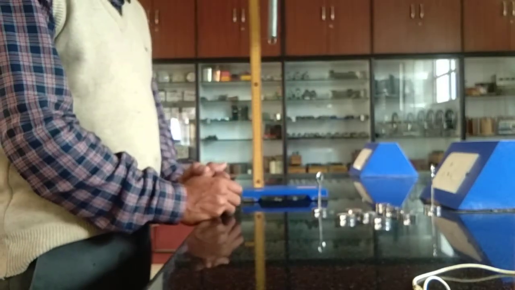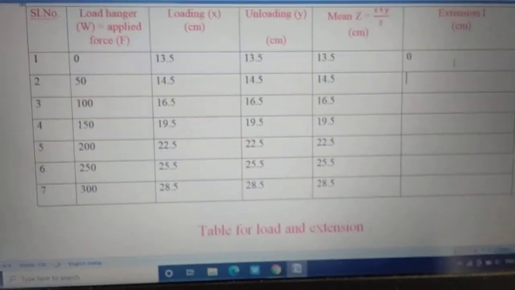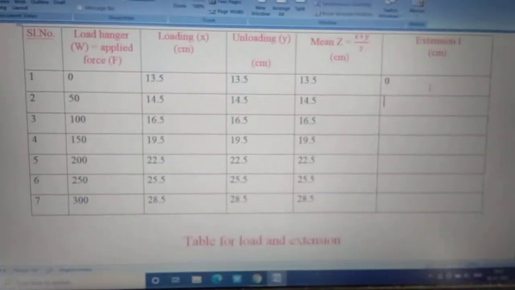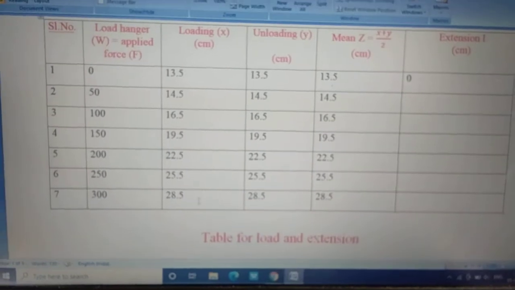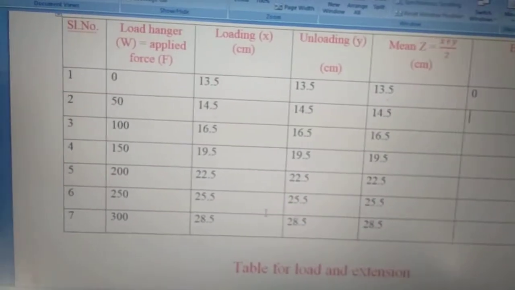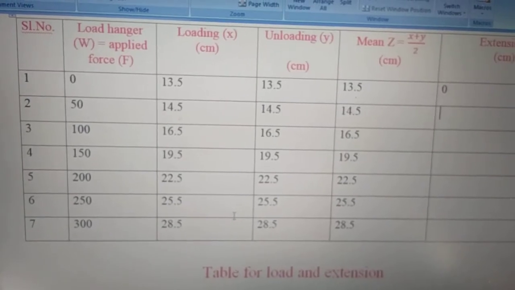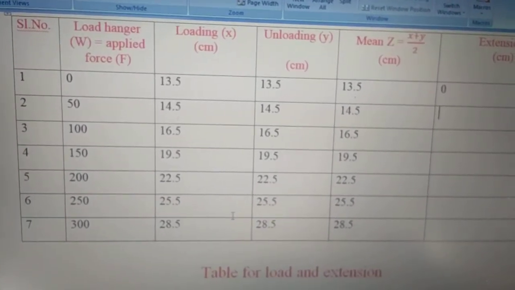Note down all these values in a tabular column. Let us note down this tabular column. On tabulating, the first one is the serial number. The load in the hanger, you already know, is 0, 50, 100, 150, 200, 250 and 300.